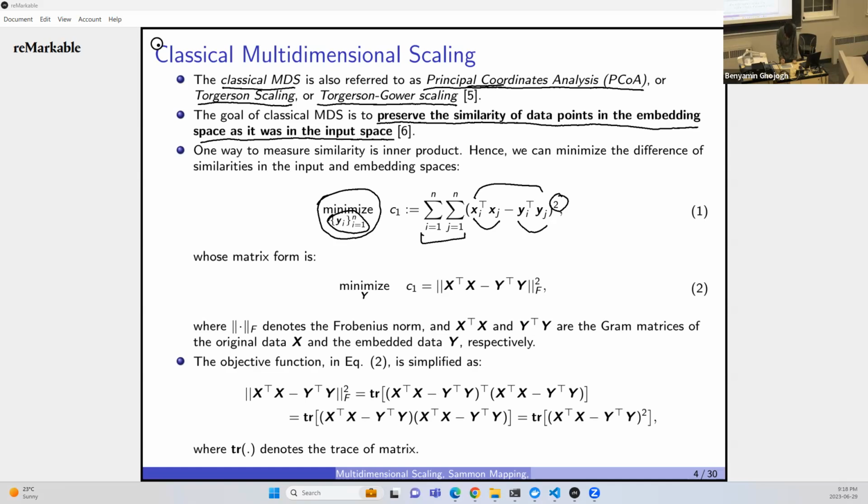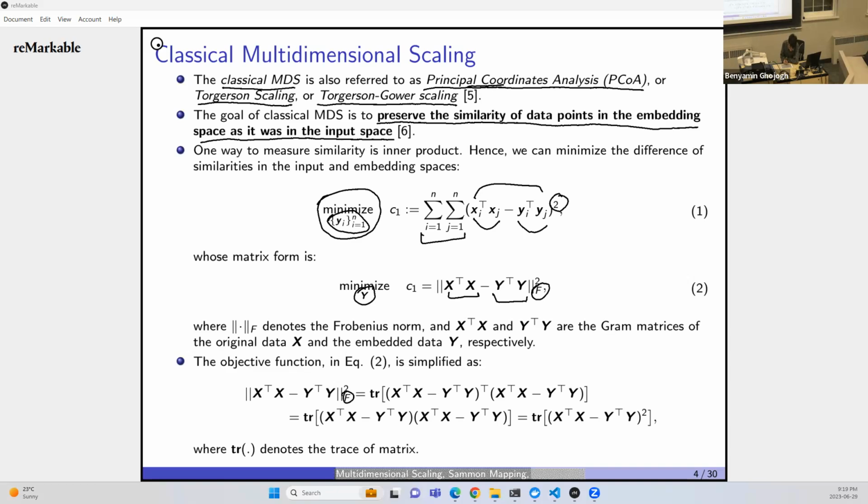Then I can write it in matrix format in this way. If I put the X's and Y's as columns, I can write it as X transpose X minus Y transpose Y. But now, as these are matrices, I need to use the squared Frobenius norm. By the way, Y also is a matrix now; the optimization variable is the Y matrix. So let's simplify it.